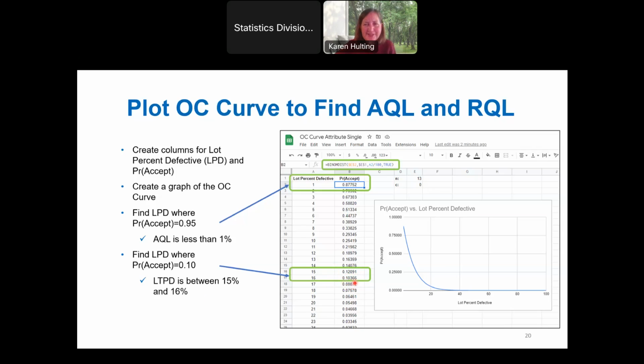That's where 0.10 is. So I've got this a little bit off. The LTPD is very close to 16% defective, right? I probably grabbed the wrong two numbers because I'm trying to find 0.10 in this graph. And so I can report back from this spreadsheet exercise that my LTPD is right around 16%.